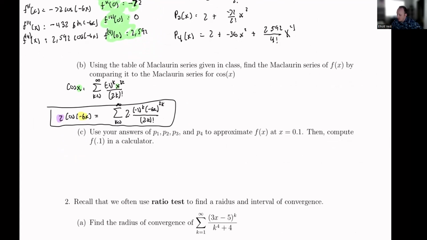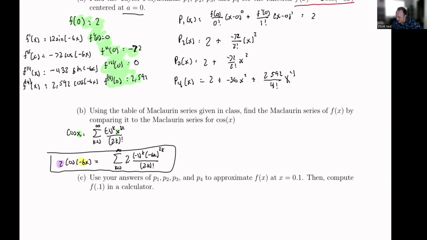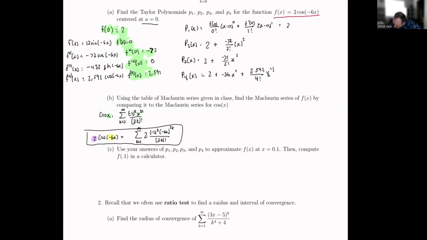Use your answers for P1, P2, P3, and P4 to approximate f of x at x equals 0.1, then compute f of 0.1 in the calculator. So what is P1 of 0.1? Well, that's just plugging it into here. Oh, that's just 2. What is P2 of 0.1? That is 2 plus -72 over 2 factorial times 0.1 squared.